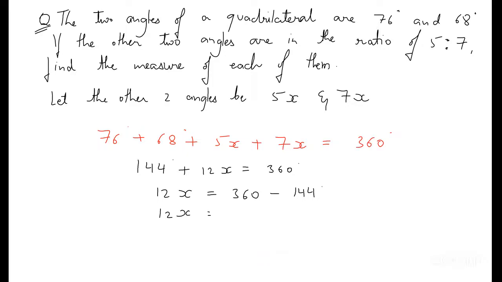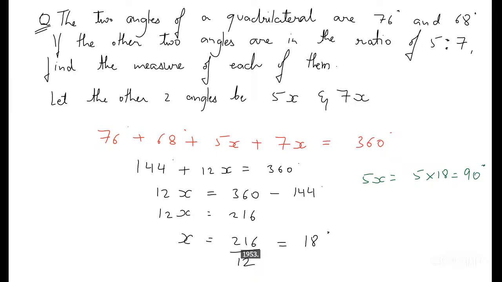So we subtract 144 from 360, we will get 216. Then x equals 216 divided by 12. We will get 18 degrees. So my x is 18 degrees. Now we'll find the first angle, that is 5x. 5x equals 5 into 18, which is 90 degrees.